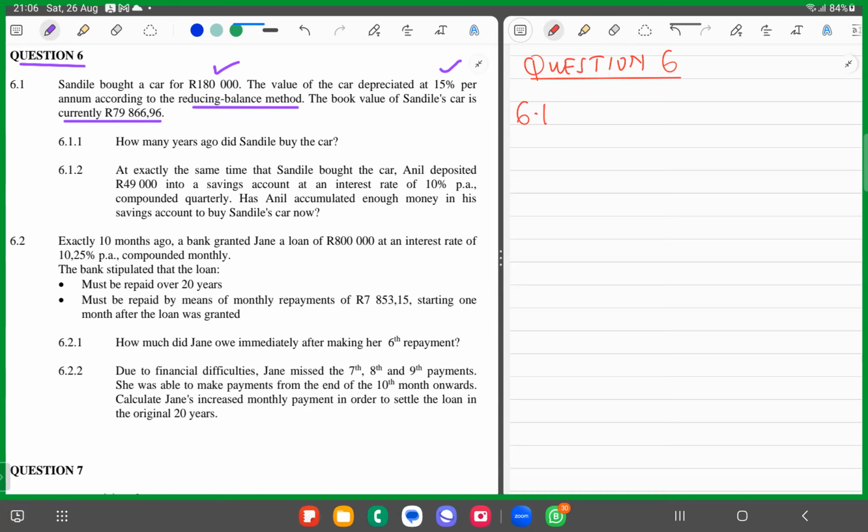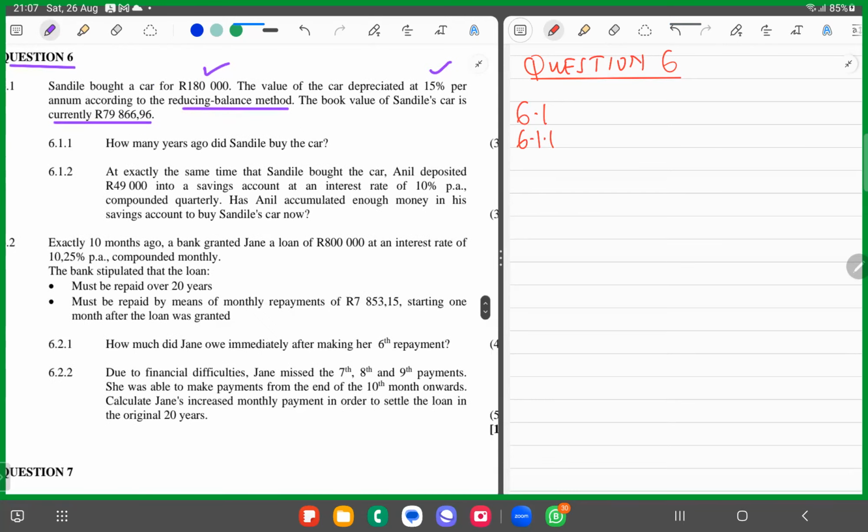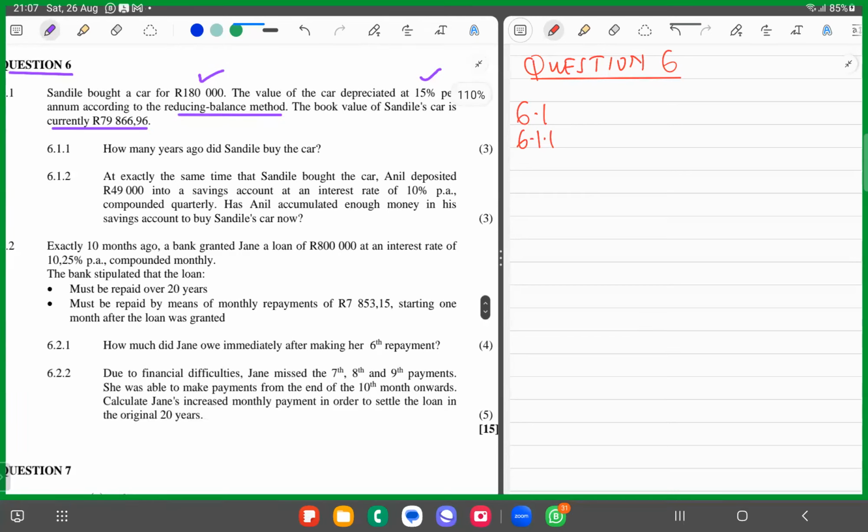Okay, we make the observation that in 6.1.1, how many years ago did Sandile buy the car? Right, so let's look at this one. Well, the reducing balance method tells us that we have A equals P into (1 minus i) to the power n.